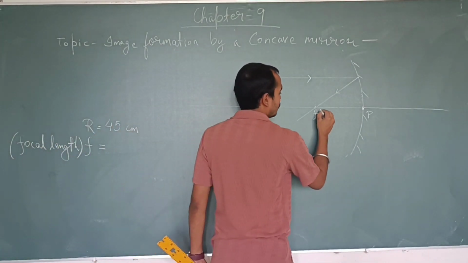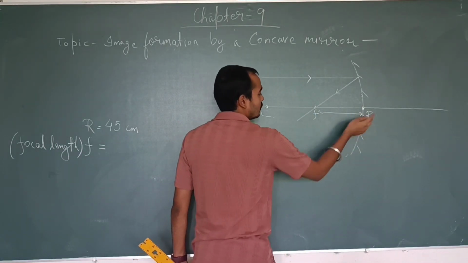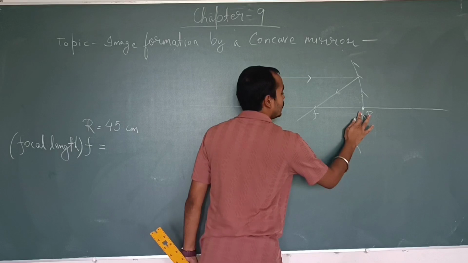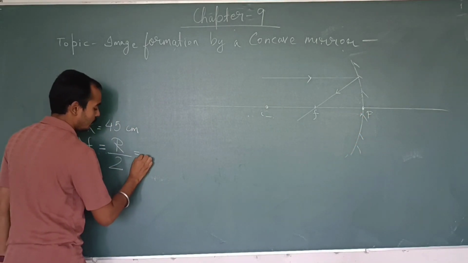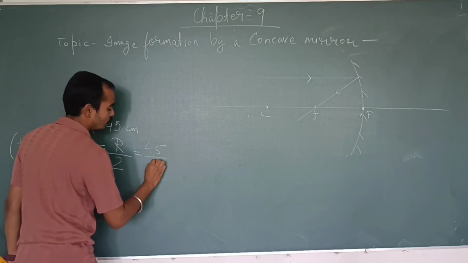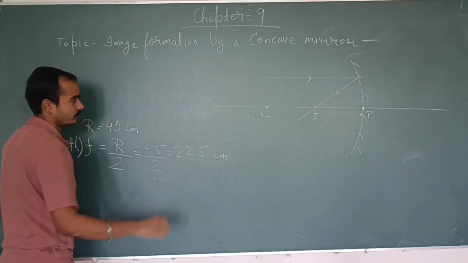The focal length is of course half of the radius of curvature, so F is R by 2, that is 45 by 2, which is 22.5 centimeter.